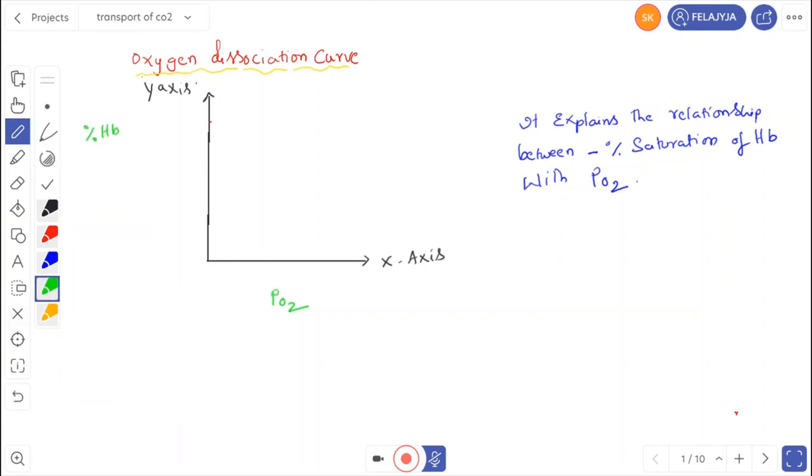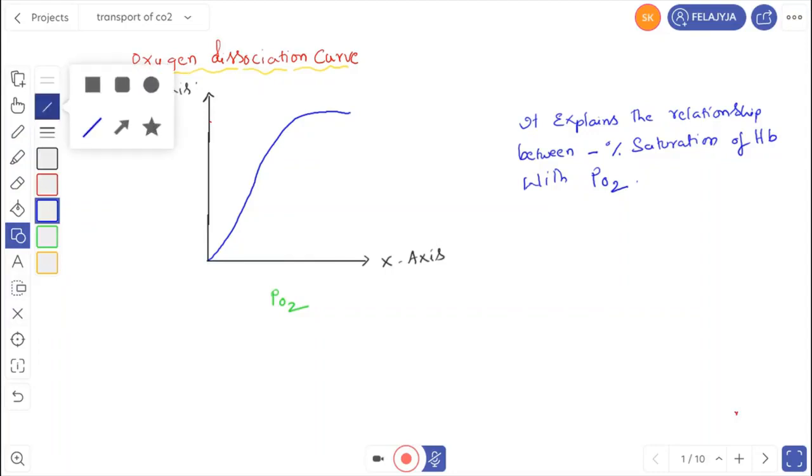Generally we see the graph will be like this. That means it is a sigmoid curve. Okay, it is a sigmoid curve.